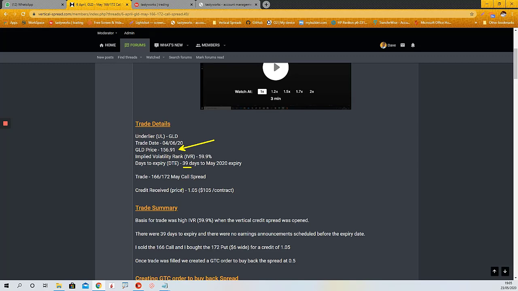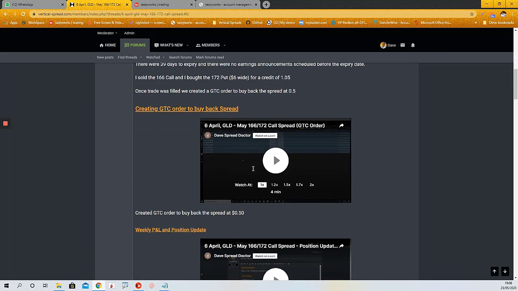So even though the market moved up, it took so long for the market to move up by only $2 that the algorithm thinks it's unlikely the market would get to 166 in the short time left on the trade. I hope that makes sense.